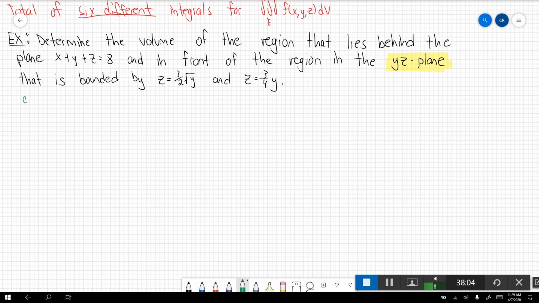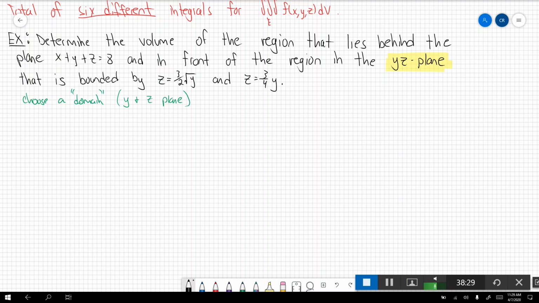So I'm going to say here, choose a domain. In other words, I'm saying choose a domain system that you want to use. For us, we're going to be using the y and z plane. All right, so that's the domain that we want.